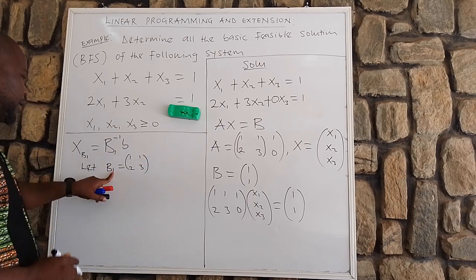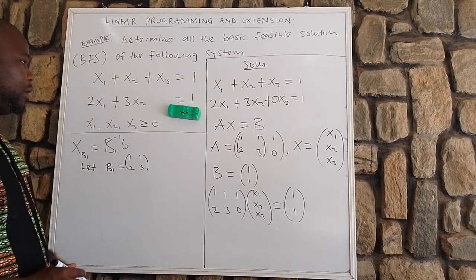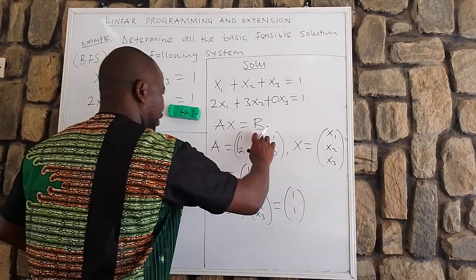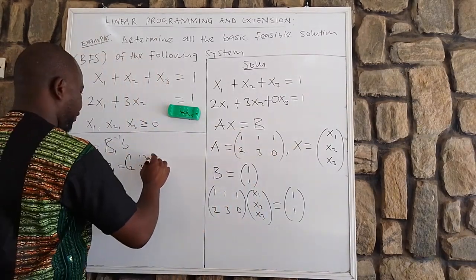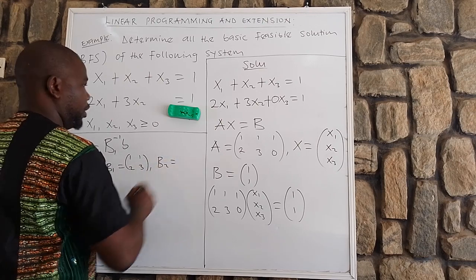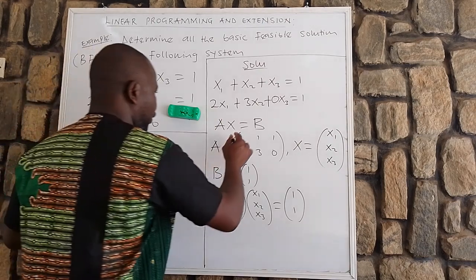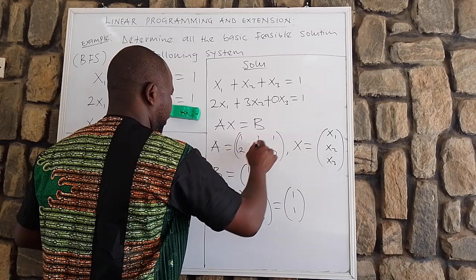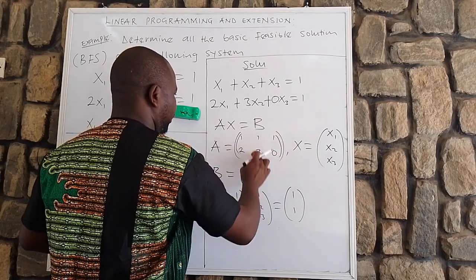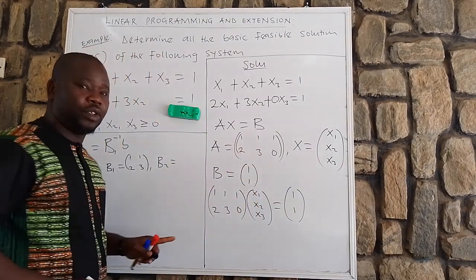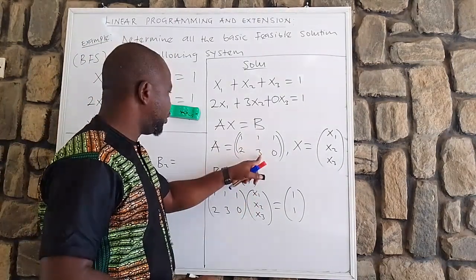We've gotten our B1 as a matrix. Then we are done with this. Then we now say let B2 be equal to this matrix, this and this. It means this 1, 3 will be exempted. Do you agree with me? This 1, 3 will be exempted.